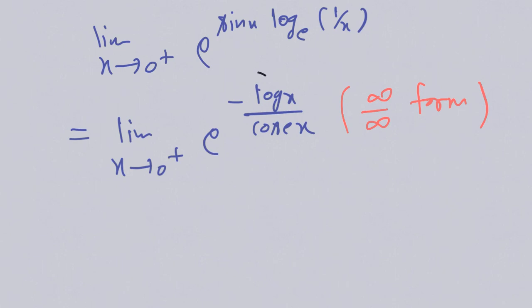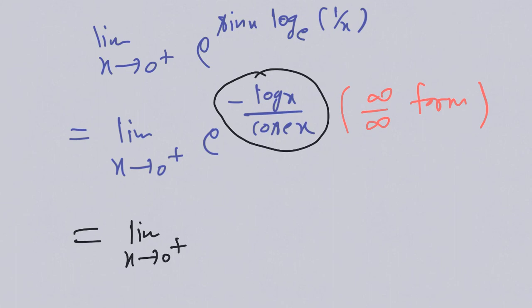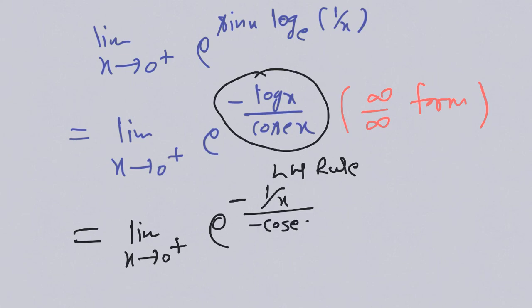So for solving this power, we will use the rule. The limit as x approaches 0 plus of e to the power, after using it, will convert into minus 1 by x, and the derivative of cosec x is minus cosec x into cot x.